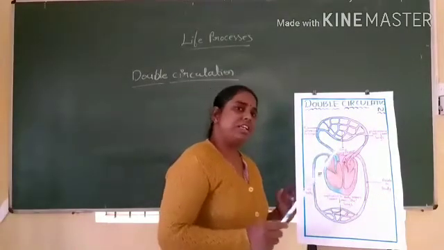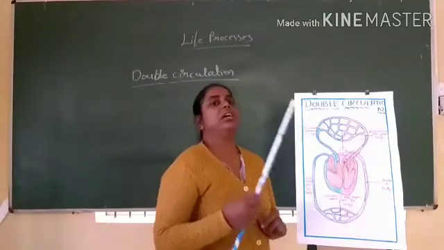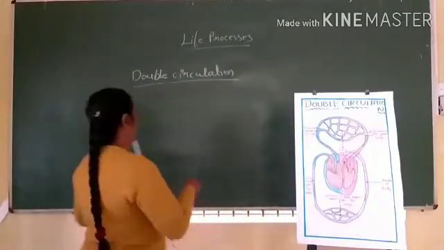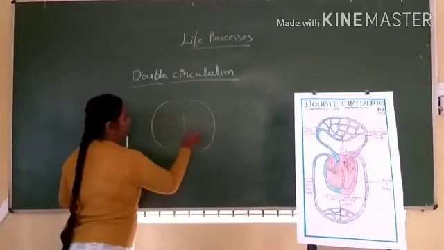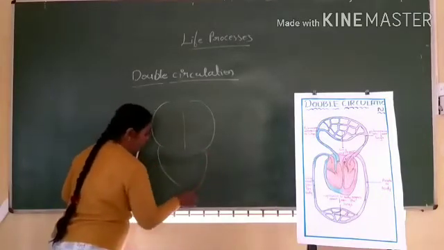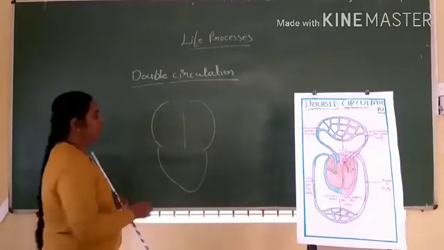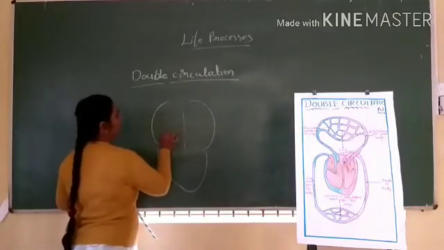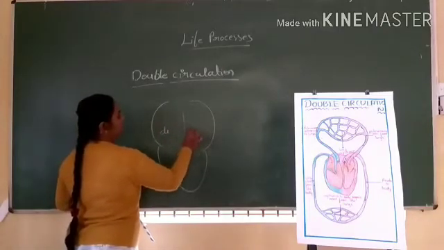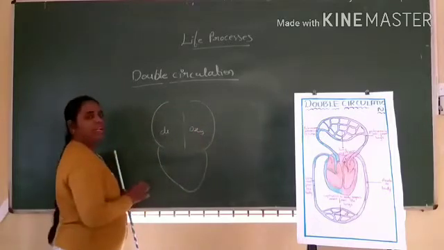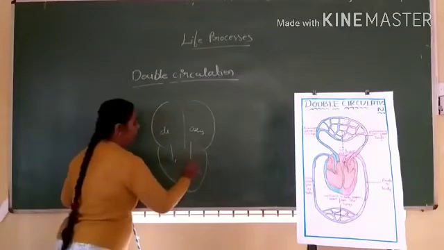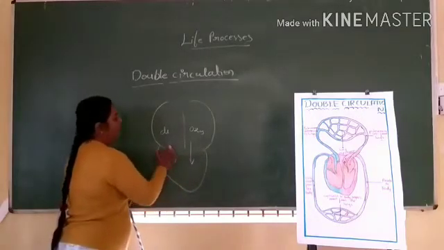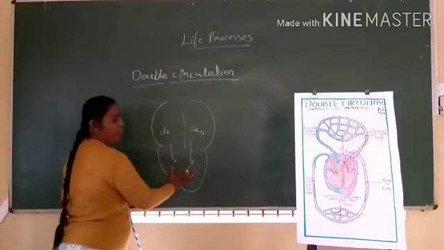When we look at amphibians and reptiles, their heart is 3-chambered. We see the upper 2 auricles and below there is only one ventricle. The oxygenated and deoxygenated blood are separate only up to the auricles. When they are dumped into the single ventricle, both bloods get mixed.